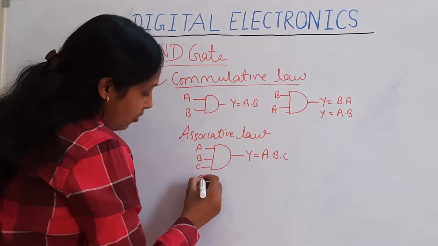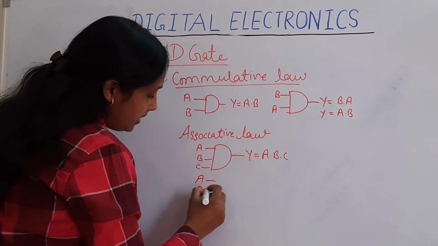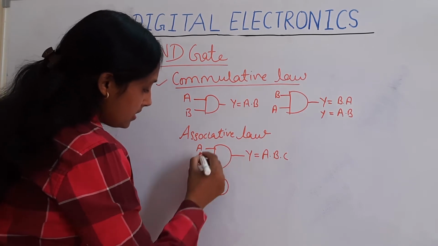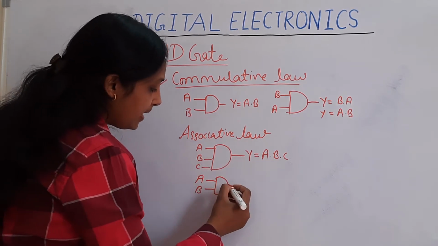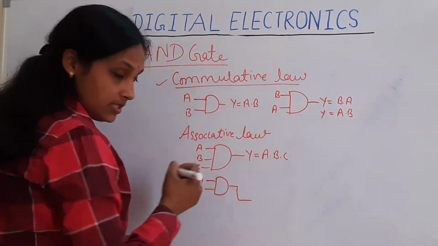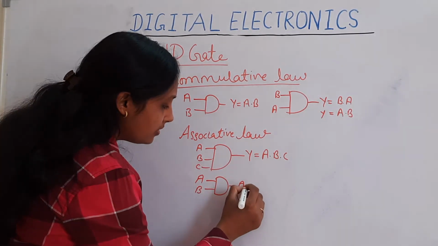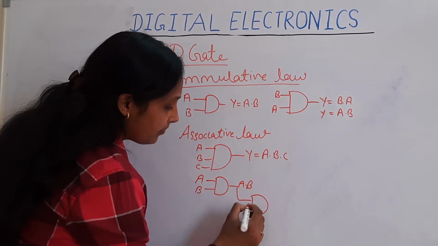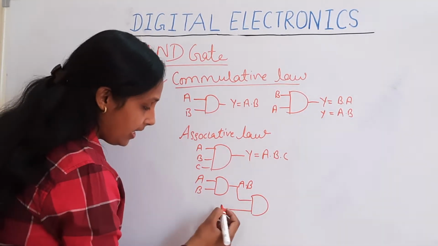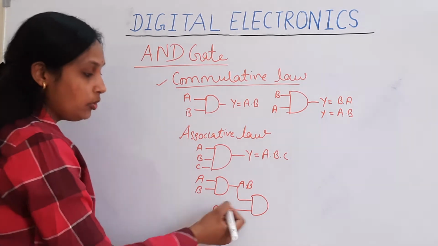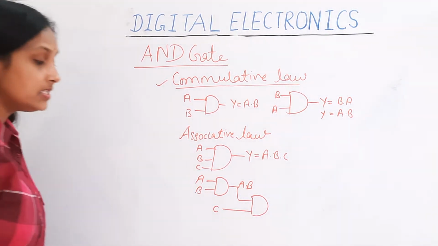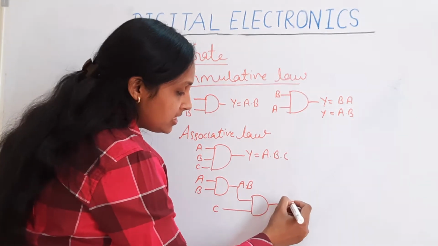Now if you break this sequence, so that A and B are applied at the first two-input AND gate, and the output of this gate goes to the input of the second AND gate, and the second input of the second gate is C, does the output change?